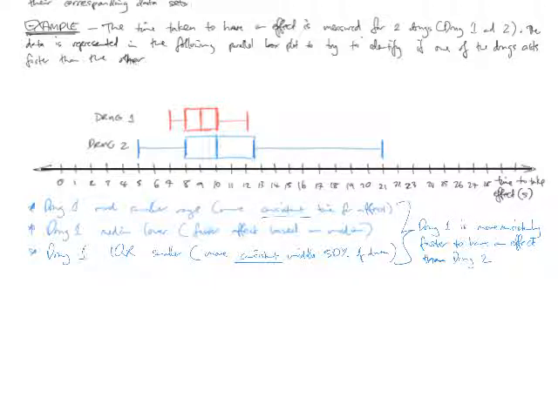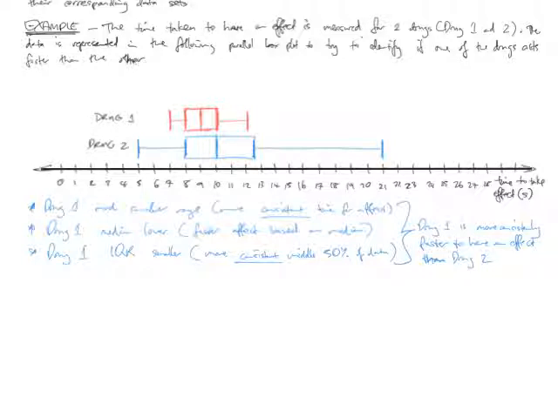So because it's less spread out, it's more consistent. The data, the times to have an effect, are less spread out, and because of the median, they are lower. So more consistently lower than drug 2. We could be pretty confident that drug 1 acts faster than drug 2.